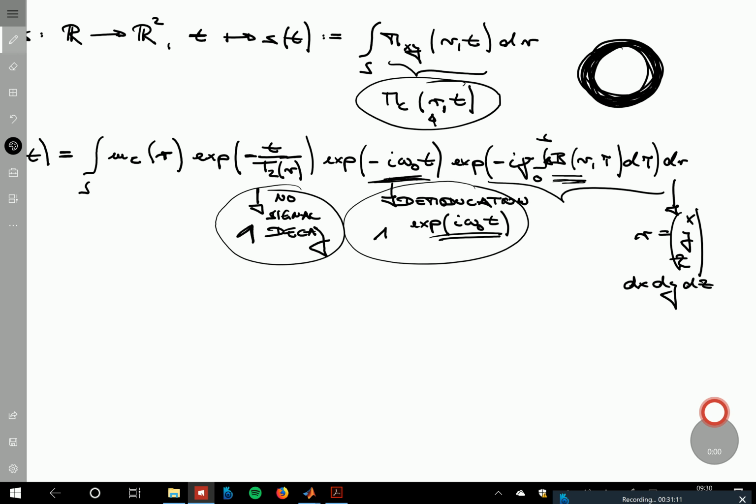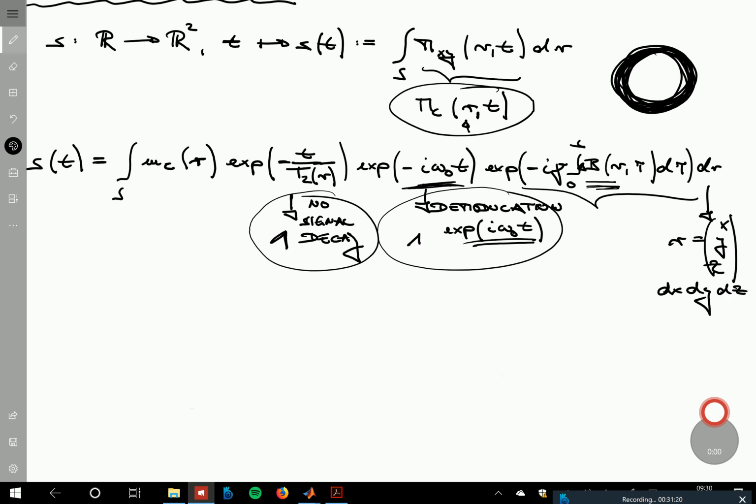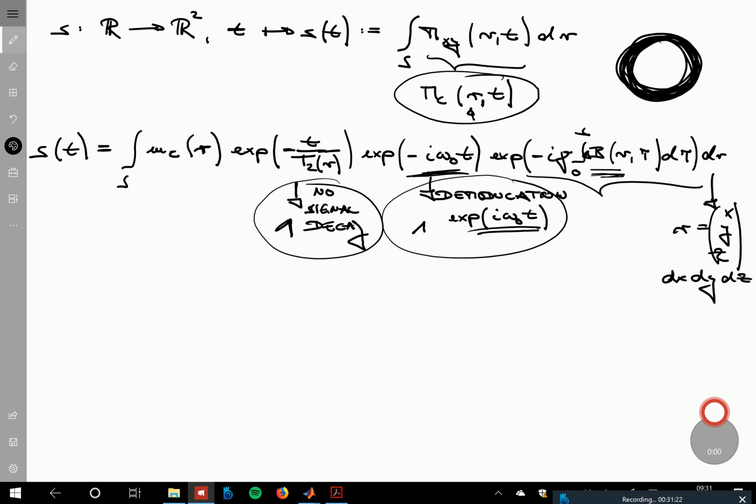And what we assume now is that we do the whole thing in the presence of a z gradient that does not change with time.